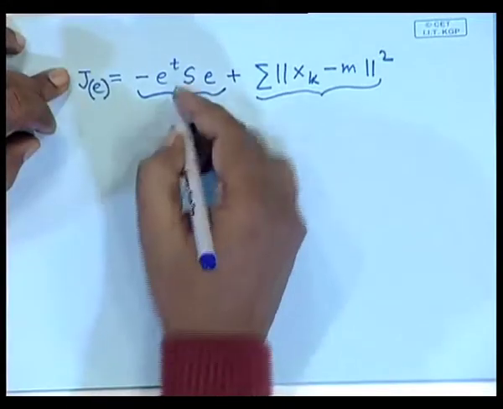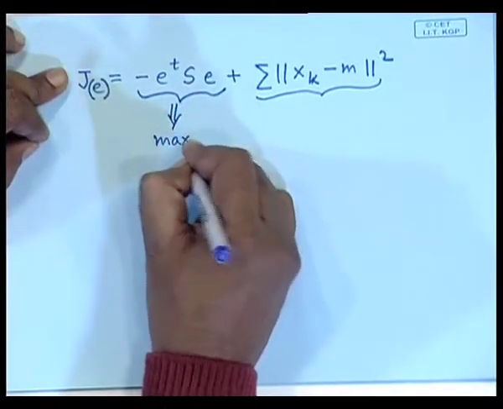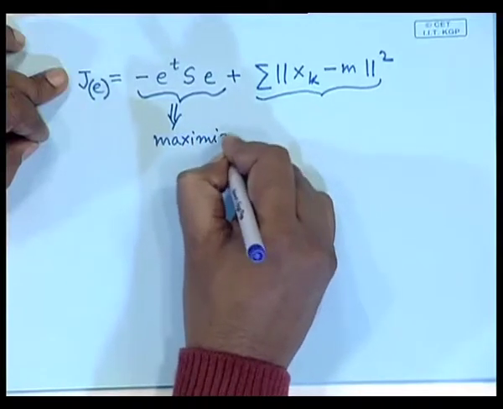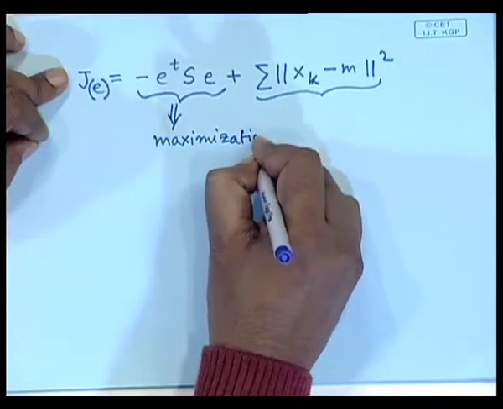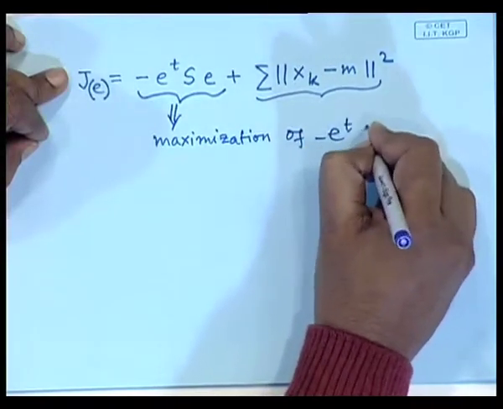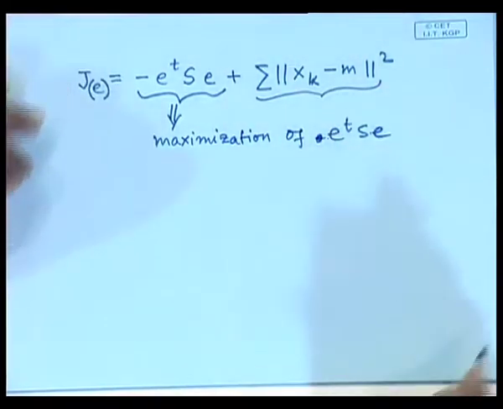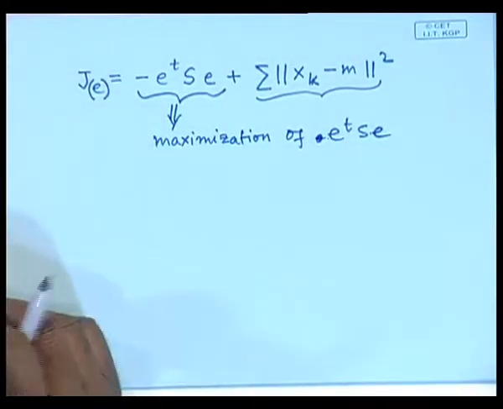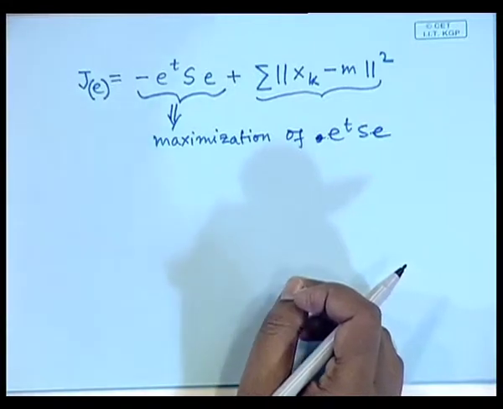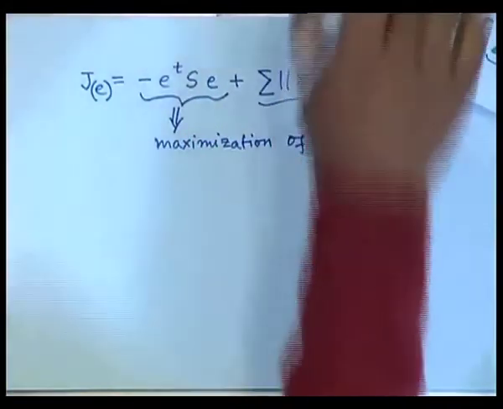Minimization of J E effectively means maximization of minus E transpose S, sorry, maximization of E transpose S E. So, if I maximize this E transpose S E, effectively I am minimizing this criteria function J E.